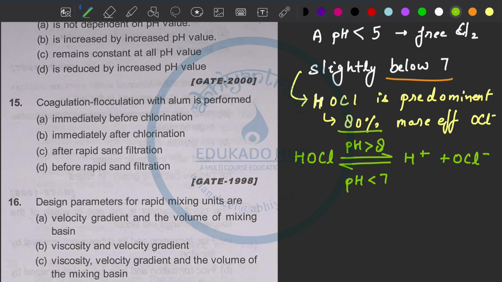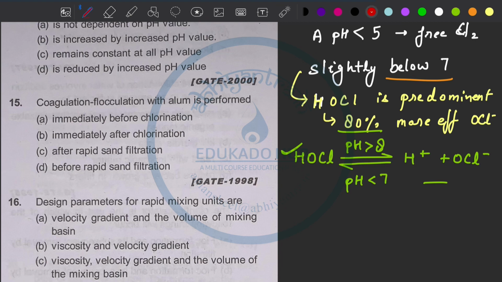So HOCl is unstable at higher pH and breaks down in the reaction just like this, and it reduces efficiency.